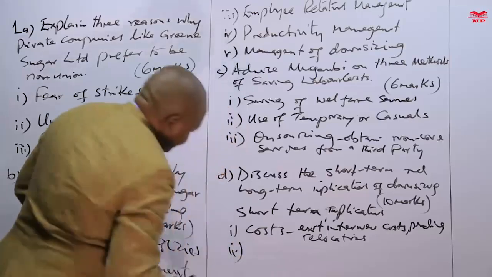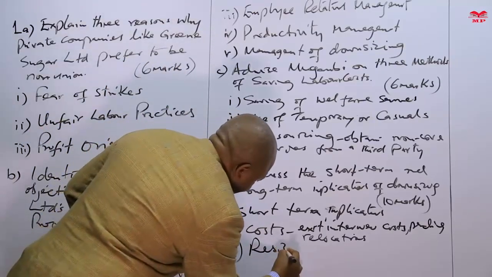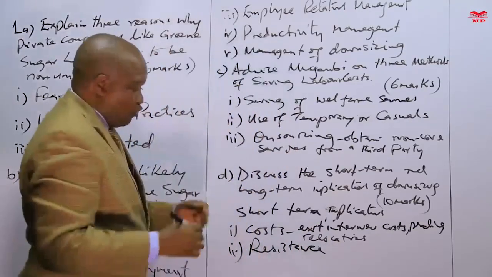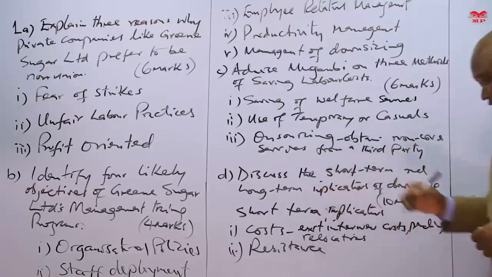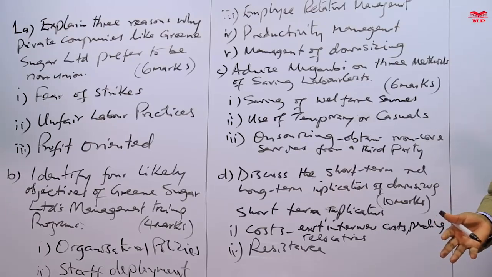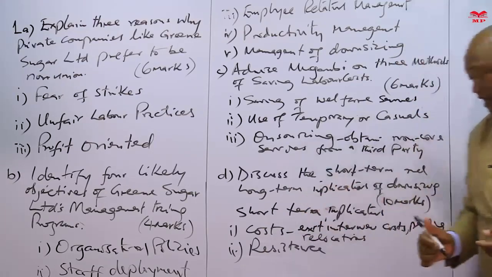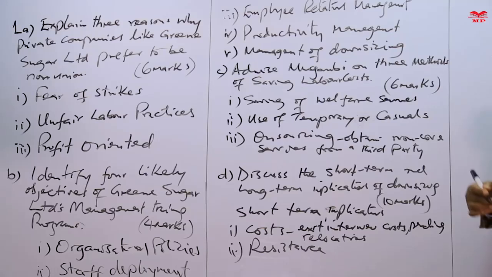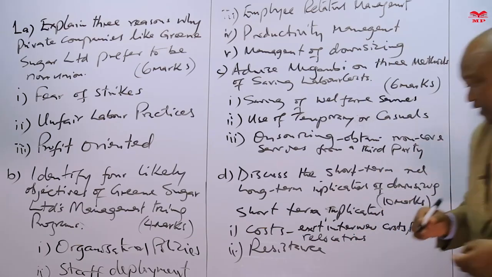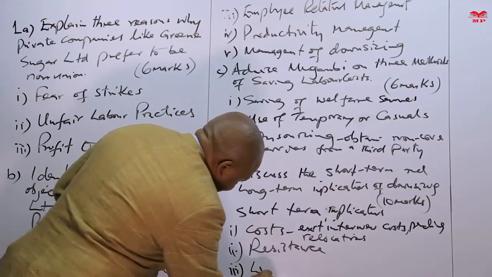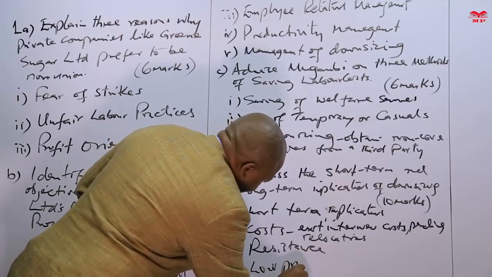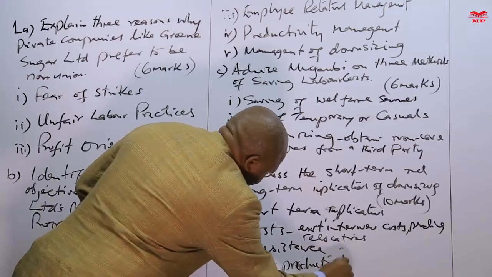Secondly, resistance from employees. Workers are likely to resist the aspect of downsizing because of the fear of the unknown. And where organizations have, for example, trade unions, they are likely to resist and challenge this process of downsizing, and that again could be a problem. Thirdly, low productivity.